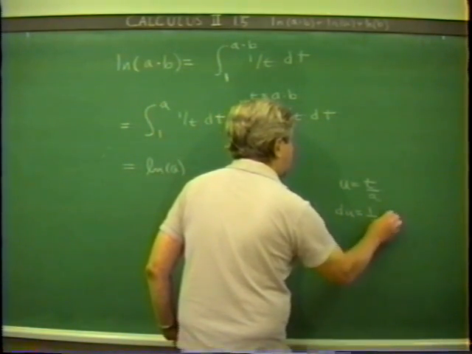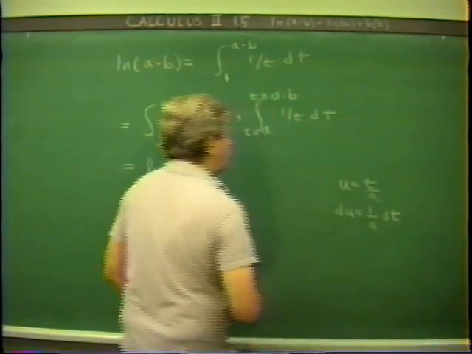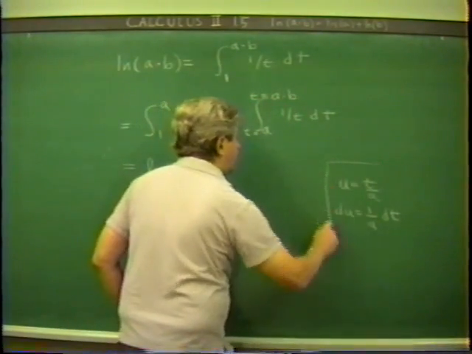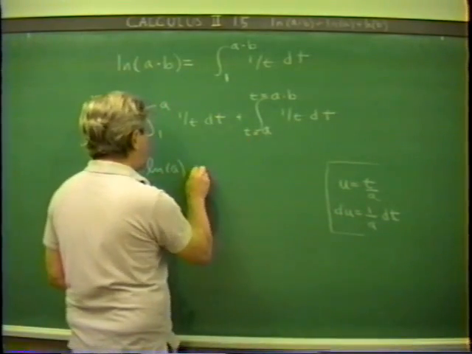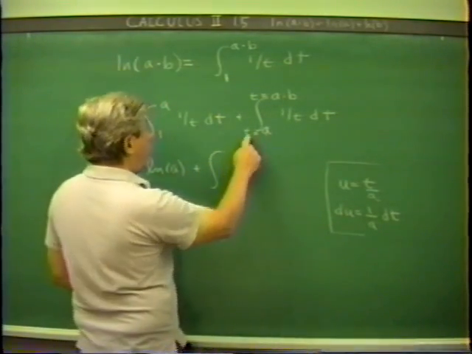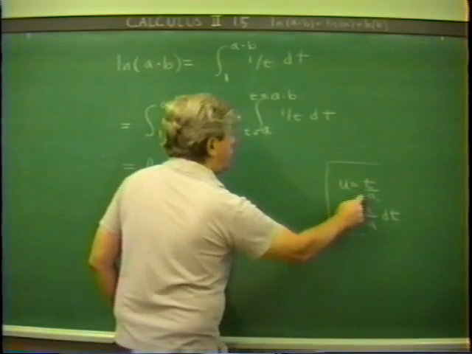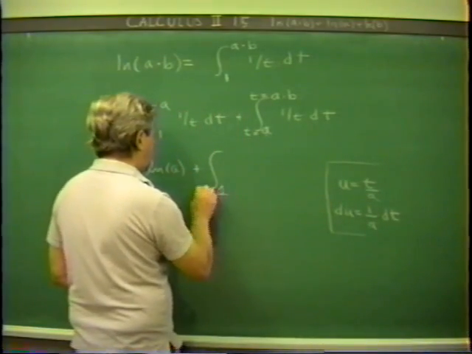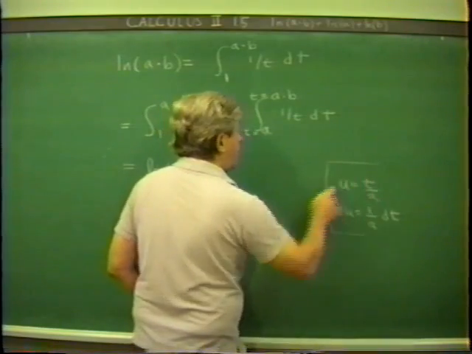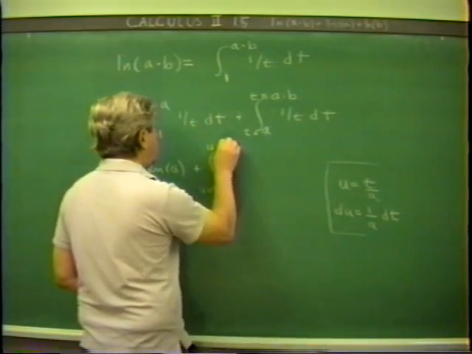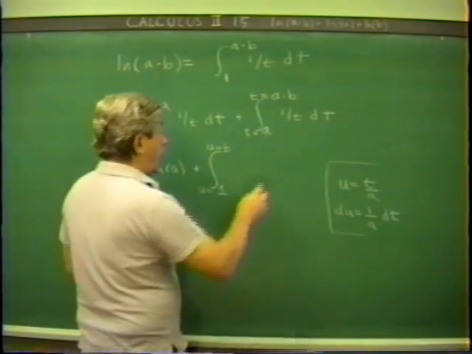All right? And then du is equal to 1 over a dt. And I can then make this change of variables in here. And consequently, when t is equal to a, so I get plus the integral. When t is equal to a, u is equal to 1. So this is u equals 1. When t is equal to a times b, u is equal to b.